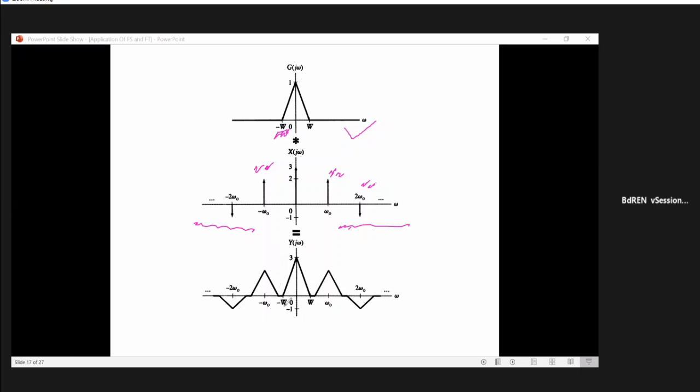Here your signal is in the frequency domain. So if this is the spectrum of your signal, what will happen if we convolve it with this impulse? Then if we convolve this signal with this impulse, that impulse is located at delta omega minus omega 0.